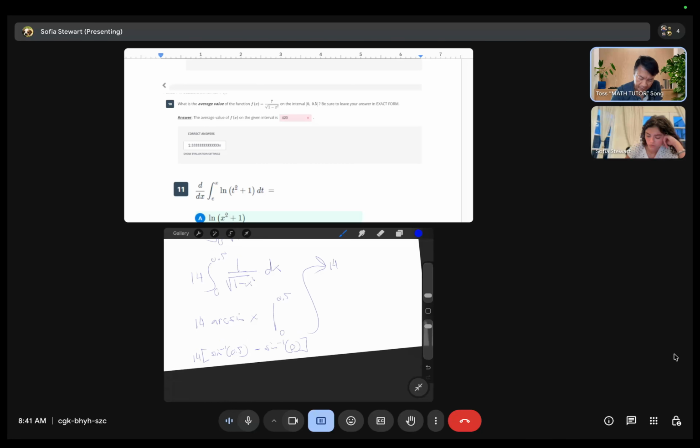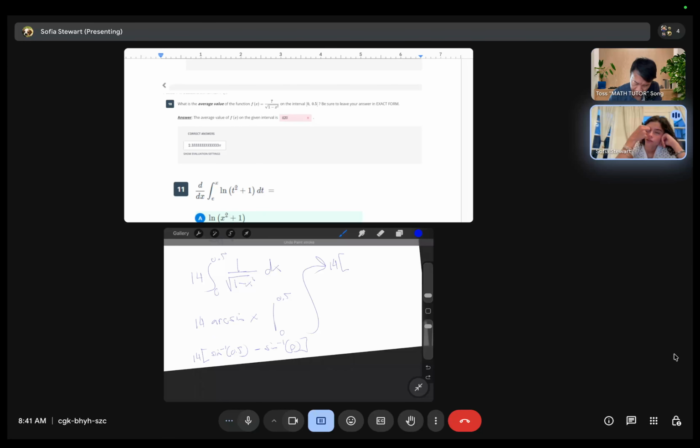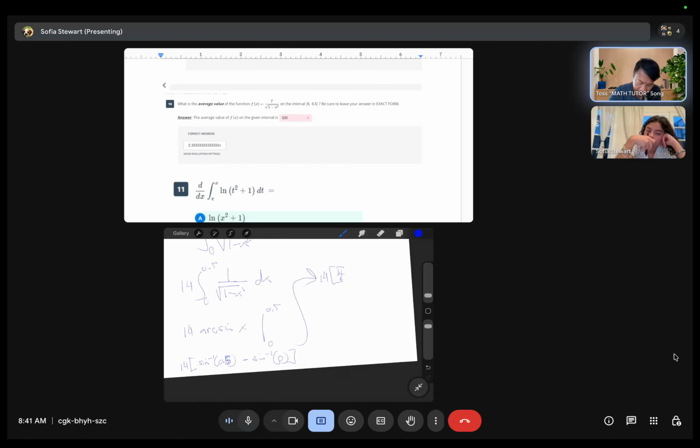Then you're supposed to remember, I'll leave the 14 out. What angle in radians will give you a y value of 1/2? This is what this is. Pi over 6.